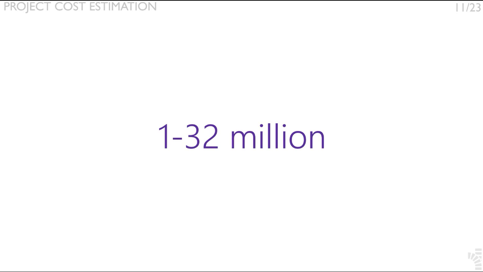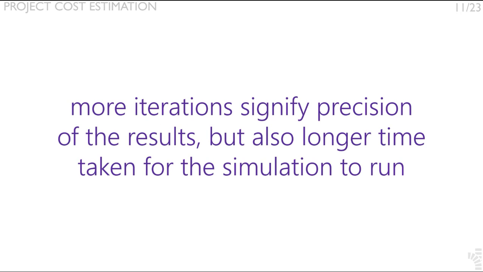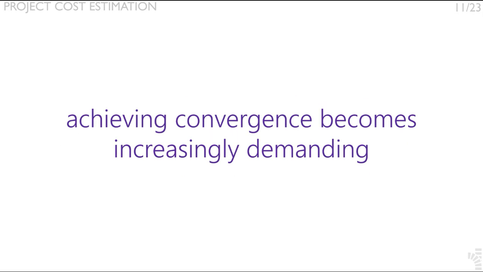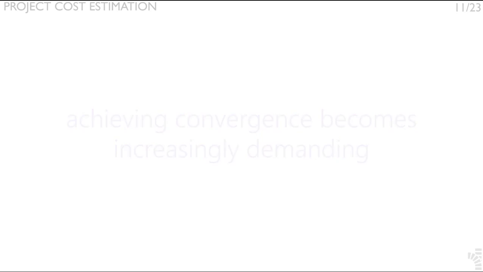Any number of iterations can be defined from 1 up to 32 million. In general, the larger the number of iterations, the better the precision or convergence of the results, but also the longer it takes the simulation to run. Achieving convergence on precision in your model becomes an ever-increasingly demanding task, as such convergence achievement behaves in a decreasing, non-linear fashion.